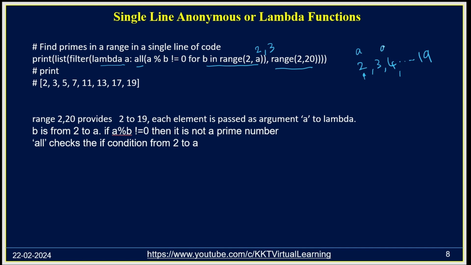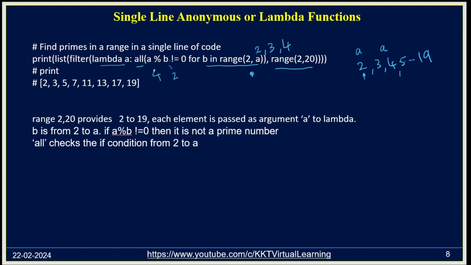For example, let us take the value 4. So A is 4, and here B will have values 2 comma 3. First it will apply 2 here. So 4 modulo 2, the remainder is 0, so it is not a prime number. If you take 5, then A will be 5. This range will provide 2, 3, 4.